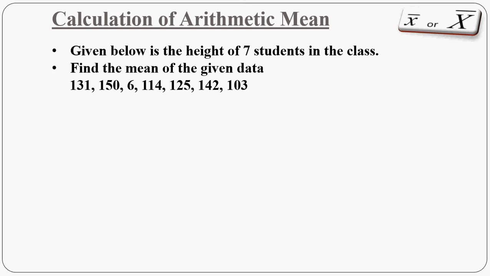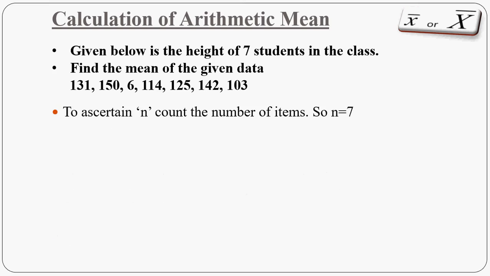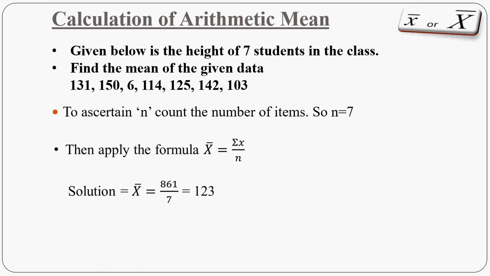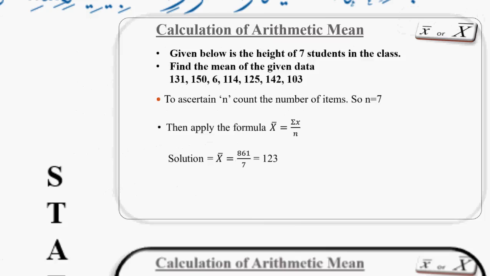No need to arrange. And count the number of items. So number of items is 7. So we first calculate the n value, which is 7. Then we apply the formula mean is equal to sigma x by n. Sigma x total is 861. So 861 divided by 7, we get the answer, mean is equal to 123.